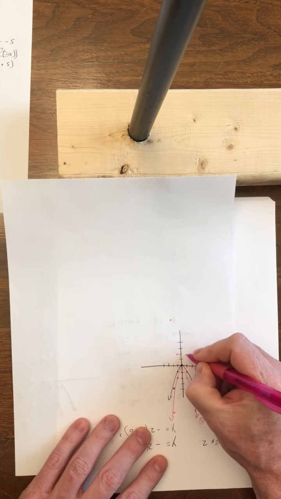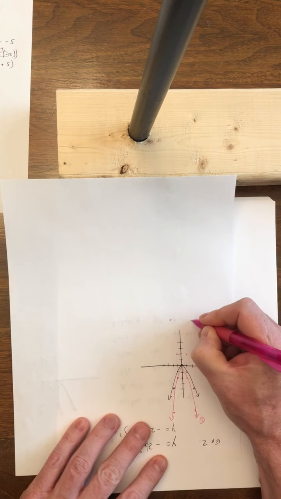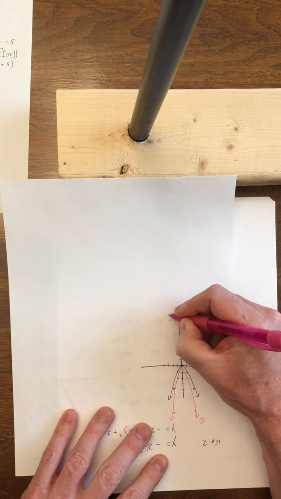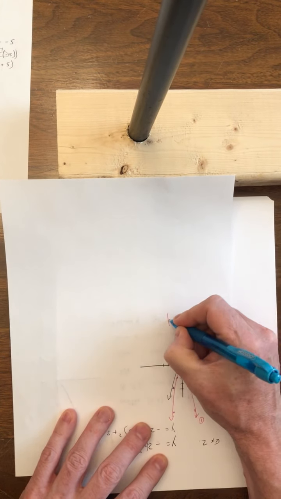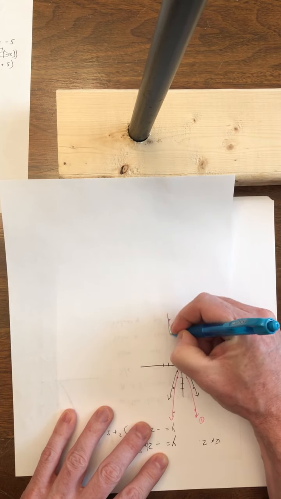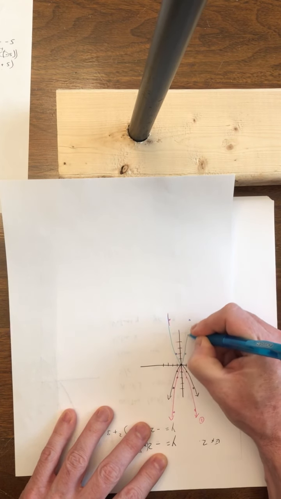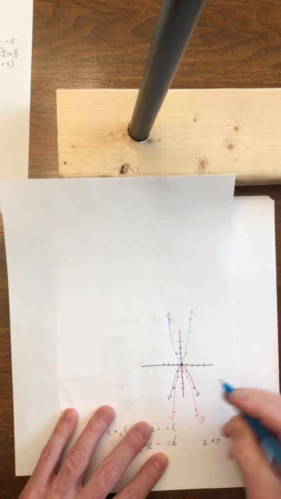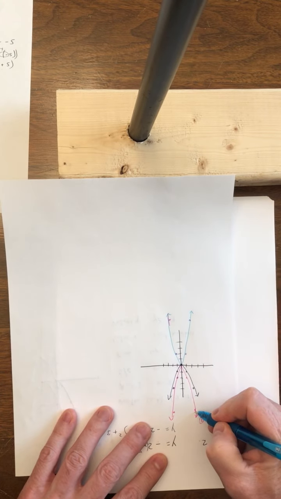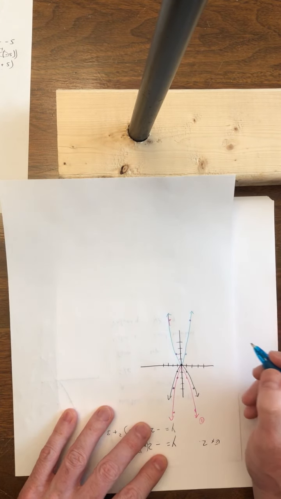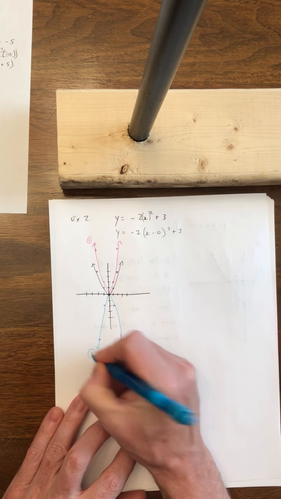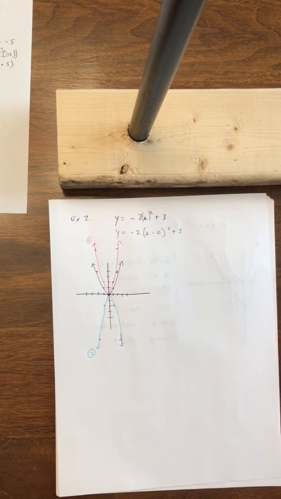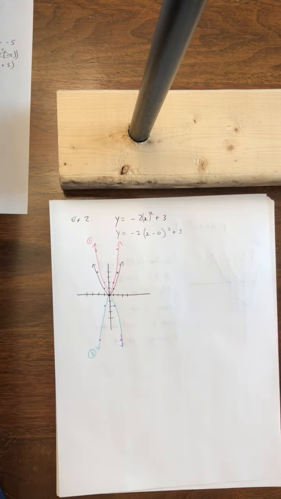So over 1, up 2, over 2, up 8. And you know what, I'm going to draw this in a different color here so we can see that. So you can see this pink parabola has been reflected downwards. So if you need to rotate your paper to draw it, feel free to do that.